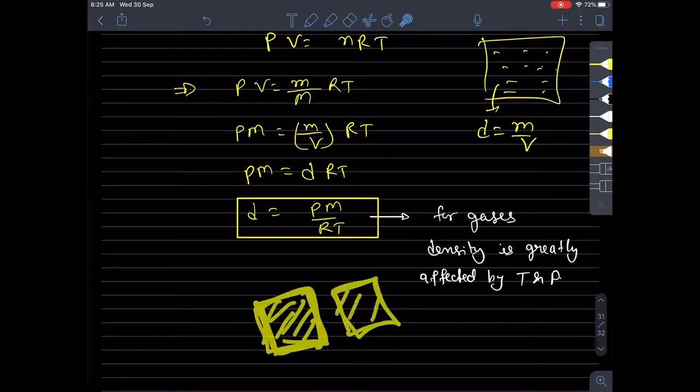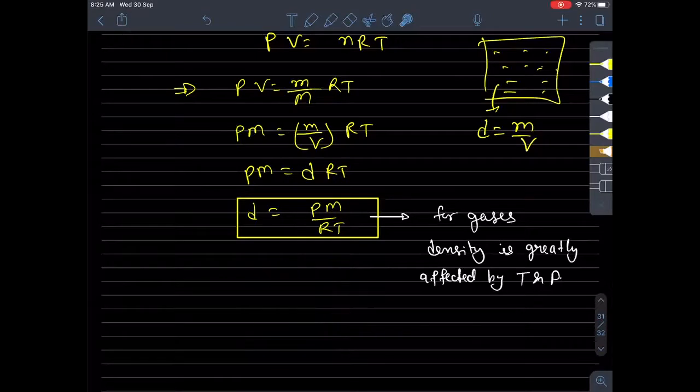When you apply pressure from P to 2P, it will not compress. It is happening just because gases are highly compressible. There is too much space, so we can compress them together.